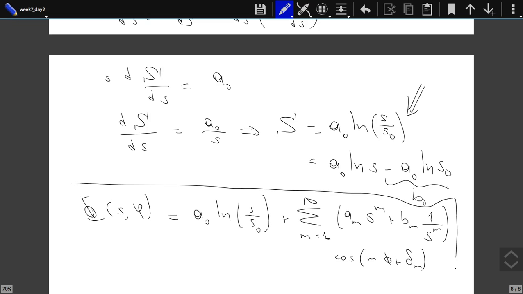So this is our general solution in cylindrical coordinates of a potential that is independent of z. Now let's go back to our problem.